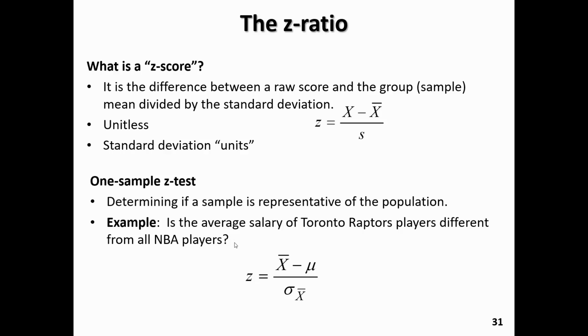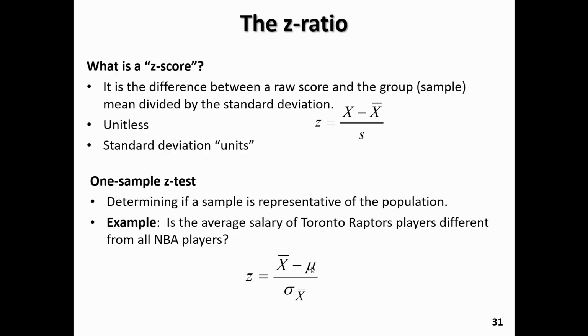This inferential statistical test is defined by this equation right here, where the z-ratio is calculated from the sample average, and the sample average is that of the Toronto Raptors, subtract, in this case, the population average.